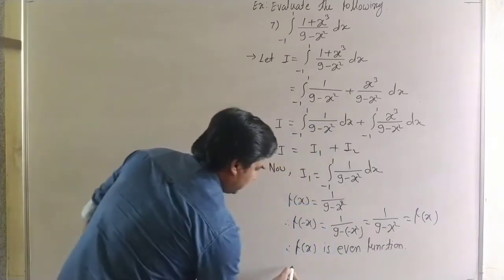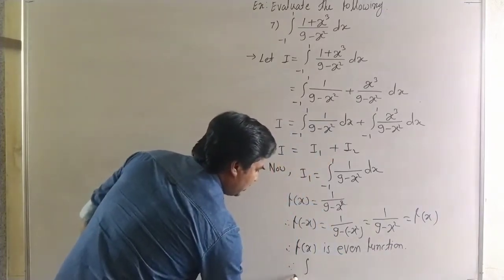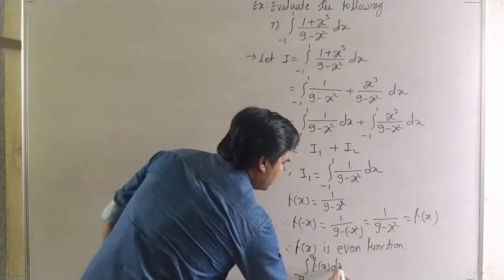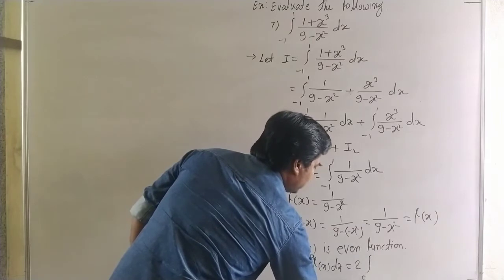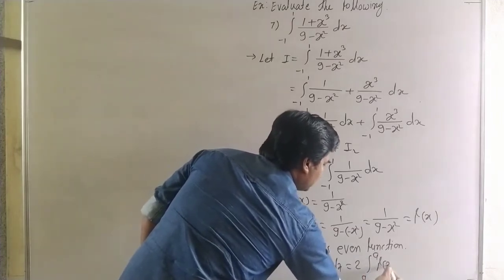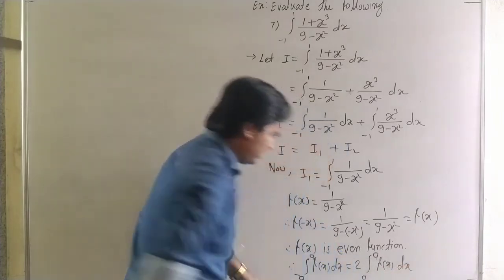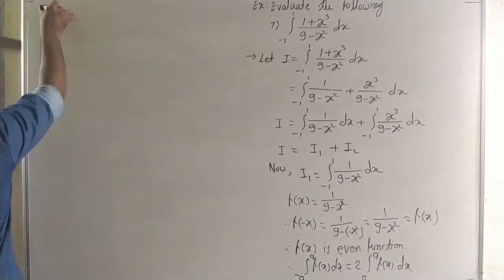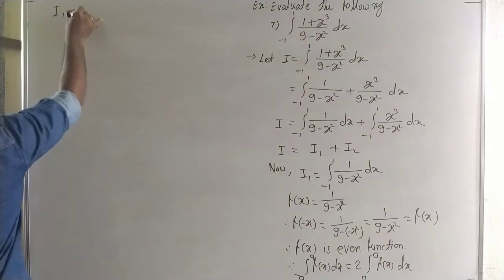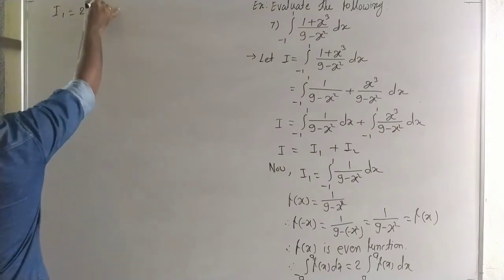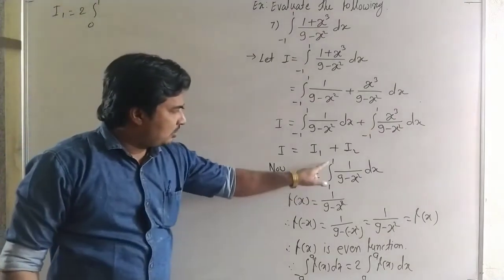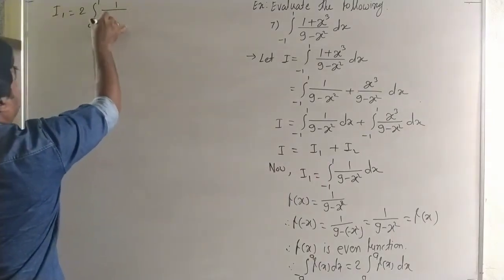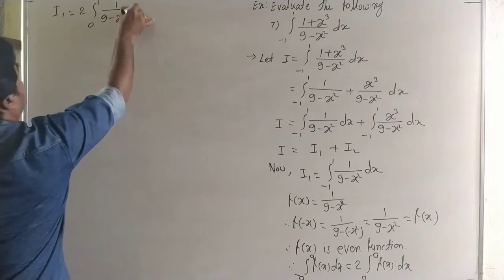And we know that if it is even, the integral from minus a to a of f of x dx can be written as 2 into the integral from 0 to a of f of x dx. It is a property. So this integral I1 can be written as I1 is equal to 2 into the integral from 0 to 1 of 1 upon 9 minus x square dx.